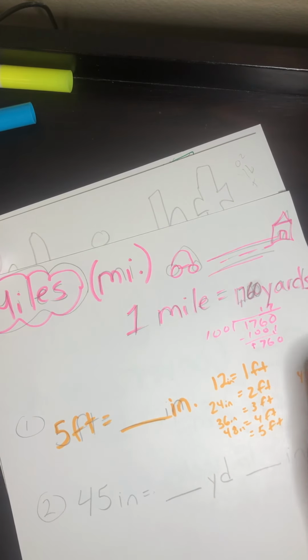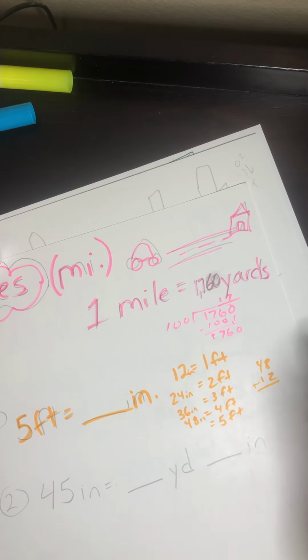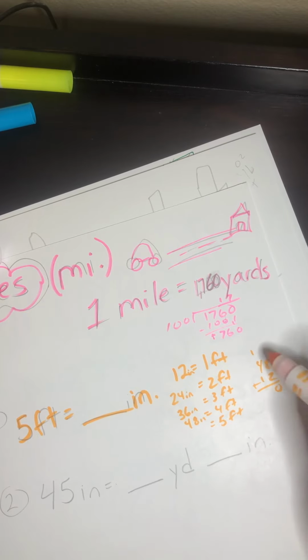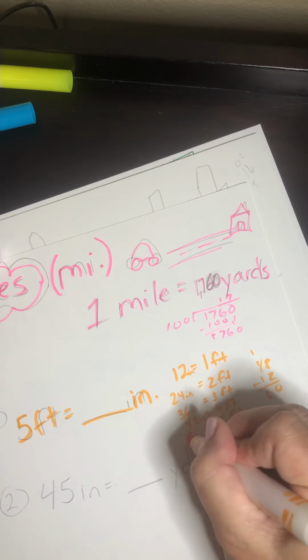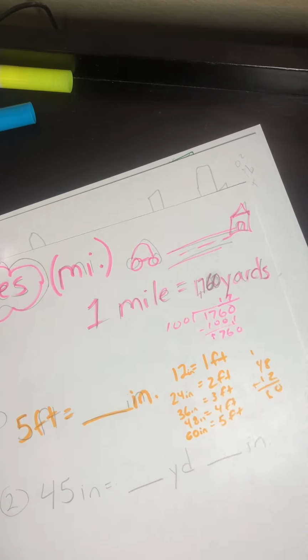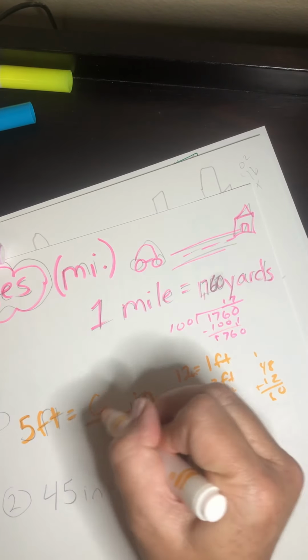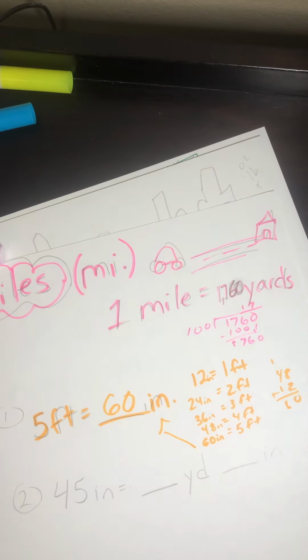And then this last one, I am going to have to double check. I'm just going to add my 48. You can kind of see over here. 48 plus 12 is 60, so 60 inches equals 5 feet. So my answer then would be 60 inches is the same as saying 5 feet.